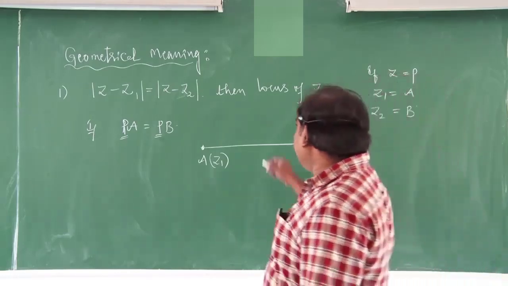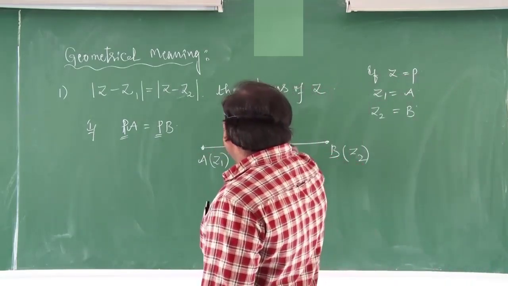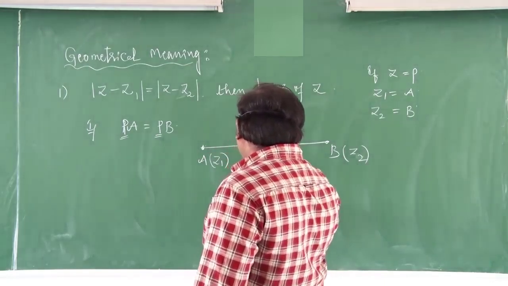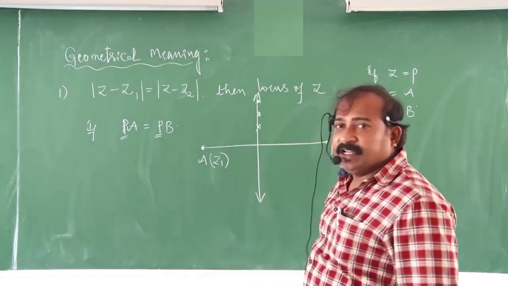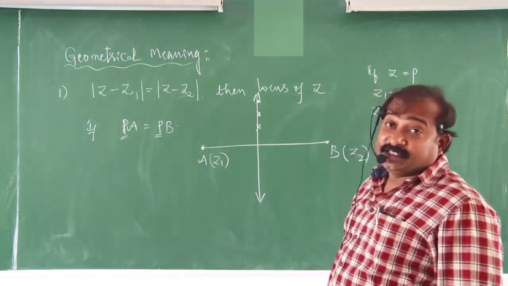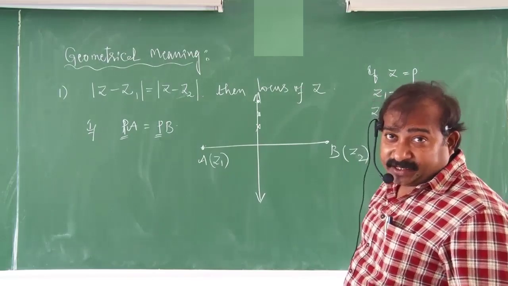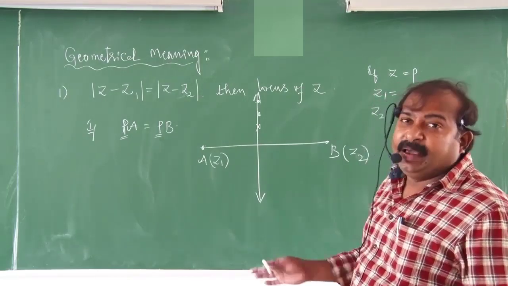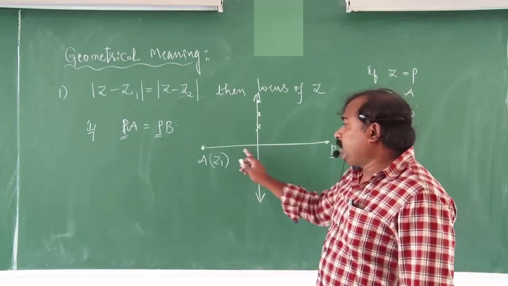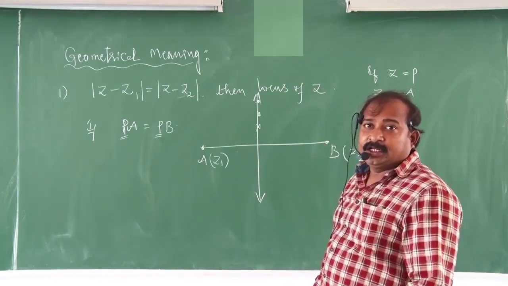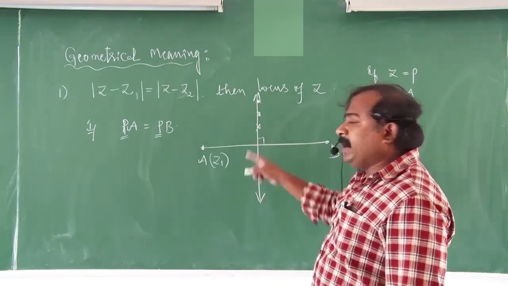Maybe one point is here equidistant, one point is here, one point is here. Like that, what will the locus of Z be? Locus of Z is nothing but the perpendicular bisector. Bisect means making into two equal parts. Bisect and perpendicular, so perpendicular bisector.